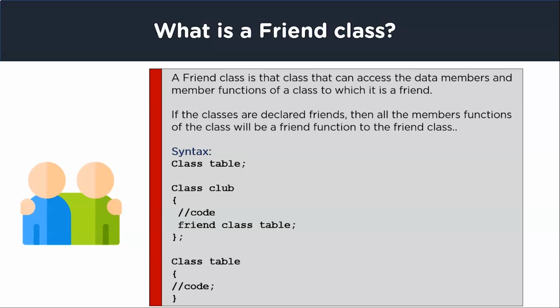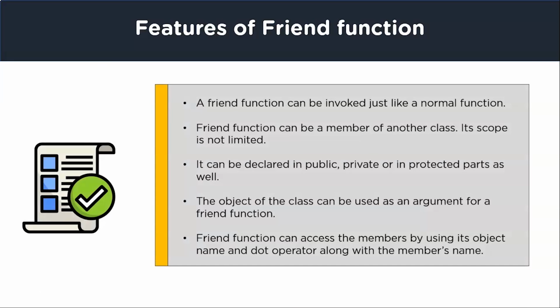Now, coming to features of friend function. So here are some features of friend functions. So let's start with the first one, that is, a friend function can be easily invoked just like a normal function. It doesn't require any object or so to invoke. Next is, the scope of a friend function is not limited. It can be a member of another class as well.